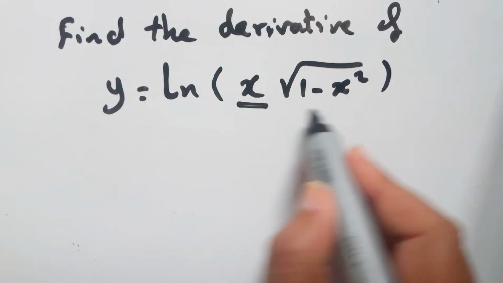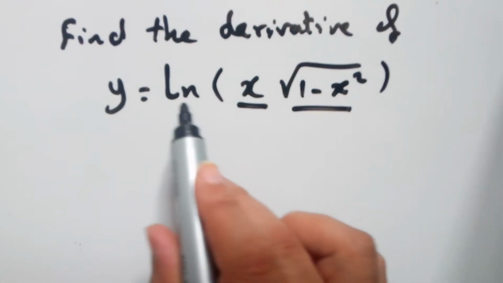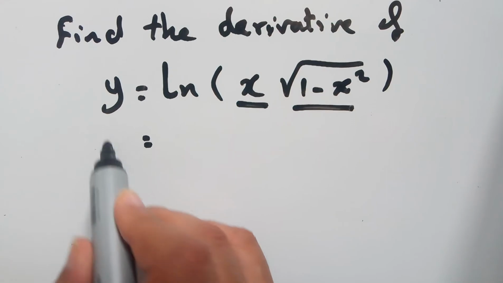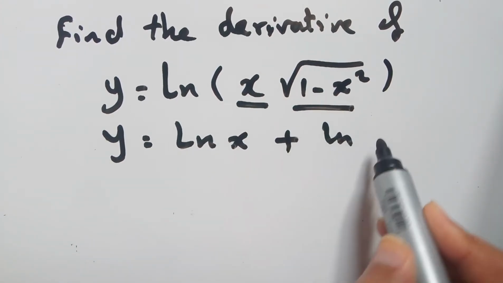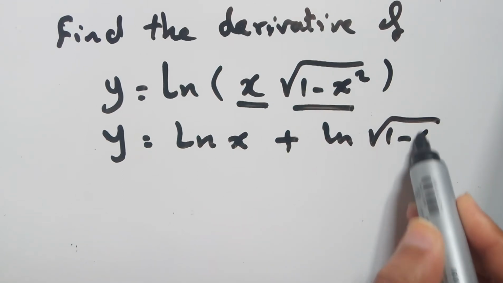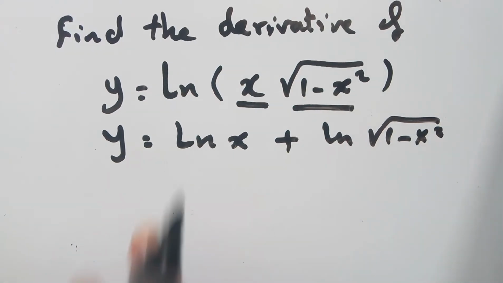Here ln of x multiplied by, this is like ln of x multiplied by y. You can change it to what? ln x plus ln radical 1 minus x squared, before finding the derivative for this function.